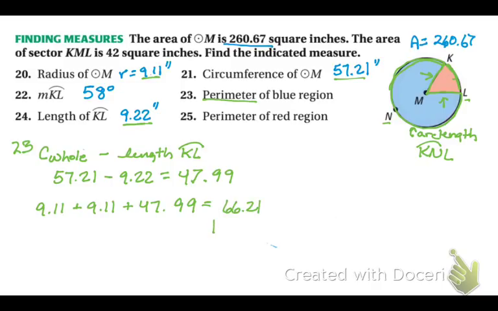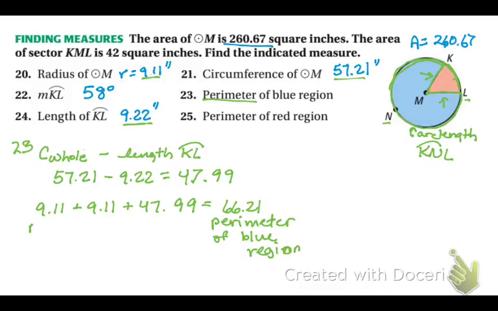So this is the length of the arc KNL. Oh, sorry. It is the perimeter. Got what we were looking for, perimeter of blue region.